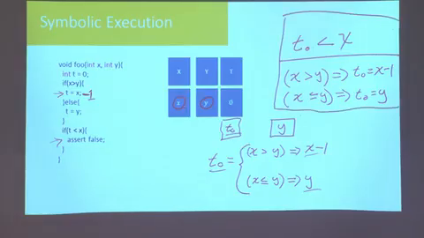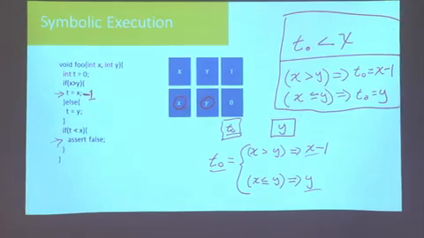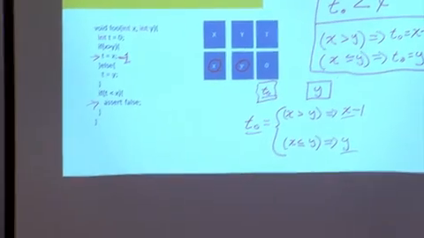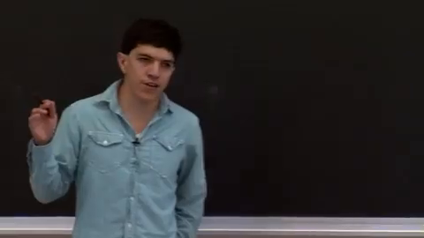Now this can fail. But what if you go to the developer and say, hey, this function can blow up whenever x is greater than y. And the developer looks at this and says, oh, I forgot to tell you.